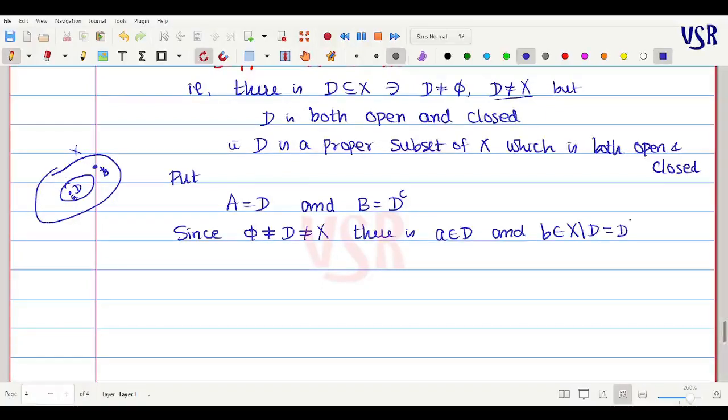So a belongs to capital A and b belongs to capital B. That is, A and B are non-empty.